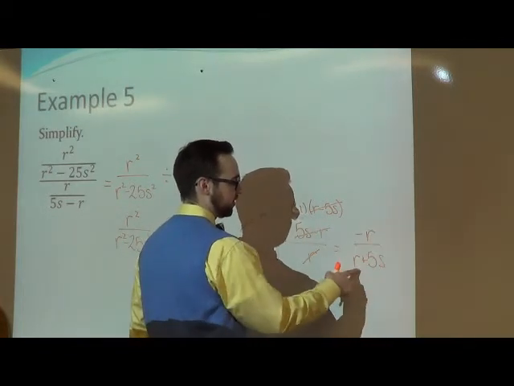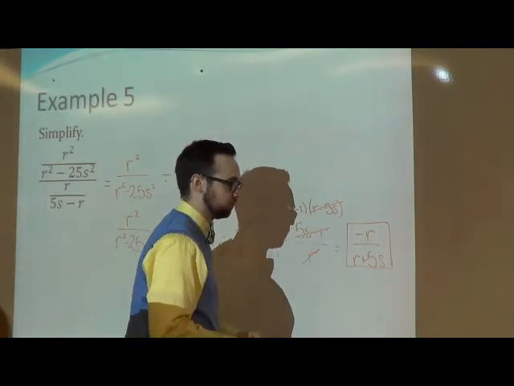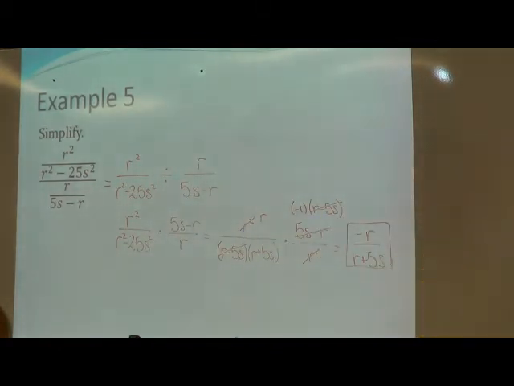I cannot reduce these because this is being added to. This is my final answer. So complex fractions are going to be easiest if you just rewrite them as the division of two separate fractions.